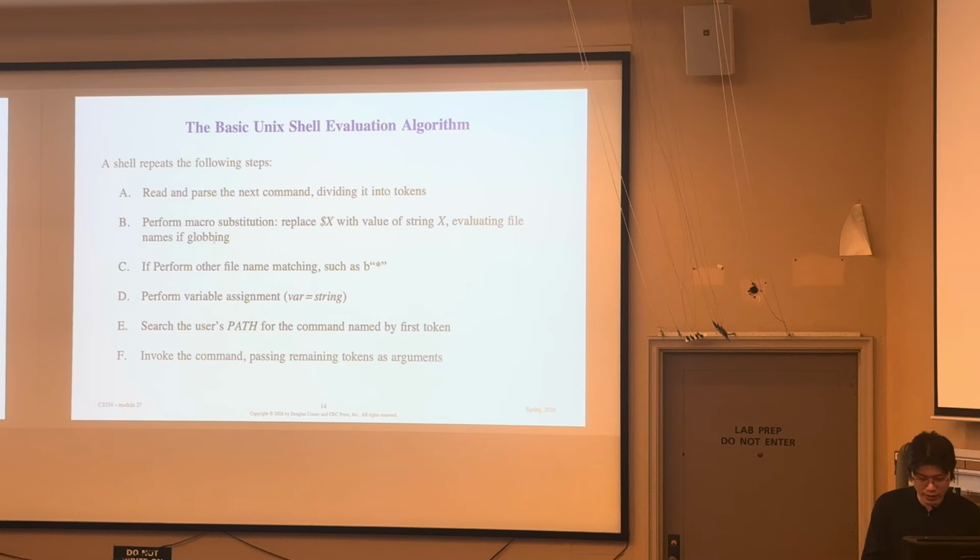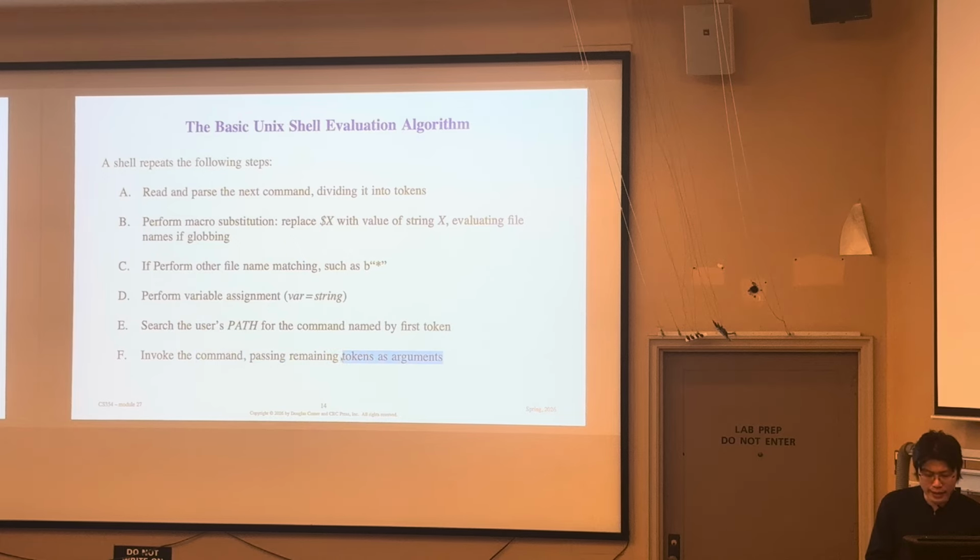Yeah, I don't remember what this means. It performs file name matching, such as b star, and it will perform this variable assignment. Then it will search the user path for the command named by the first token, and invoke the command passing the remaining tokens as arguments.